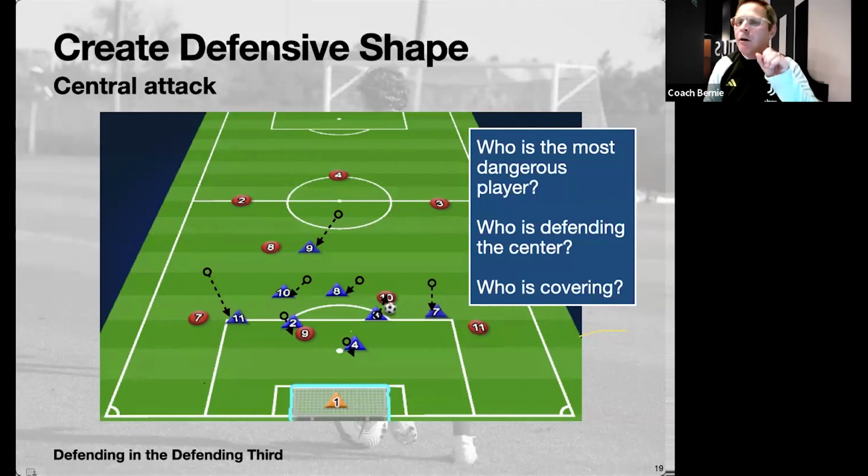And lastly, who is the cover player? Because without the cover player, we've left the pressure player in a 1v1. So players, we're always thinking about these 3 things at every second of the game when we're defending. Screenshot it, take a quick look. We'll send it back out to you. Write it on your hand, whatever you got to do.